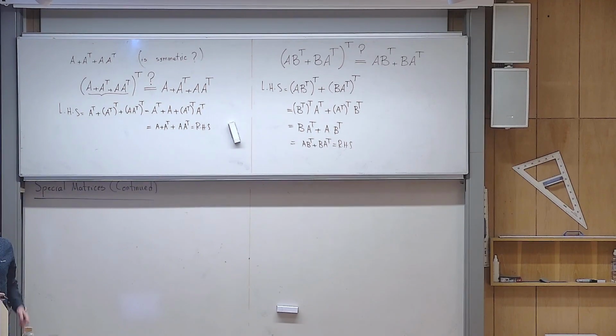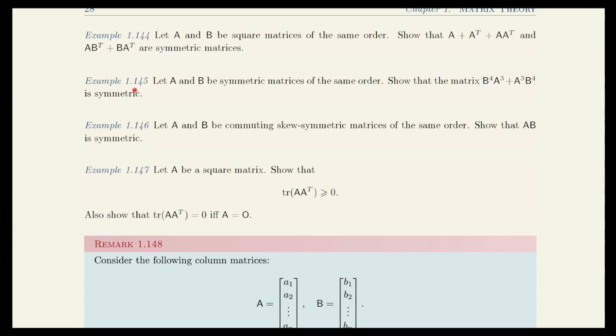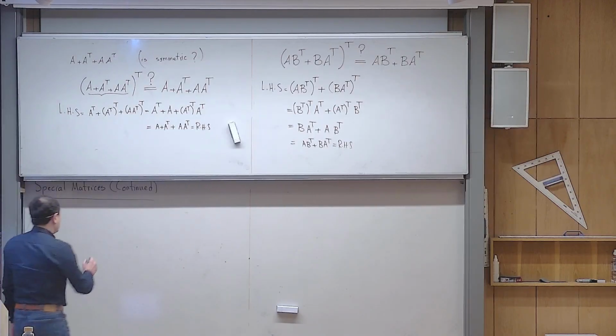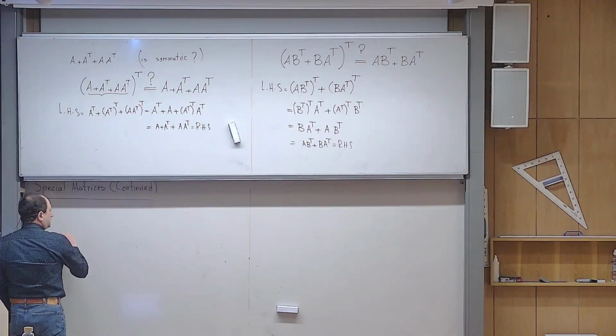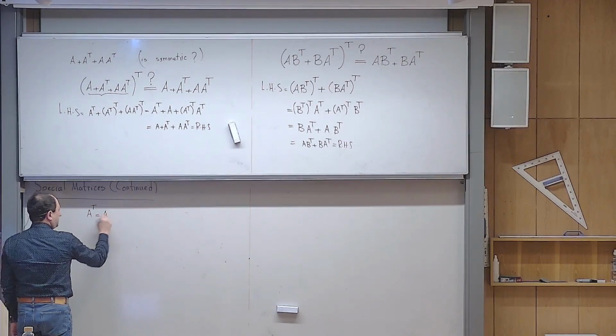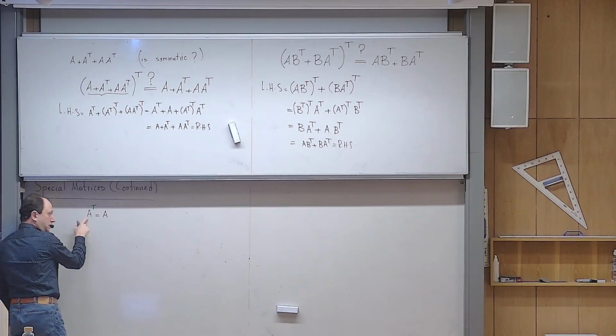Okay, so for the other matrix, the other example here, 145, A and B are symmetric matrices this time. So I start with symmetric matrices and I construct a new matrix in this form. We want to show that this matrix is again symmetric. A and B are symmetric. What does it mean? It means that I already know that A transpose is A because it is given to me that A is symmetric.